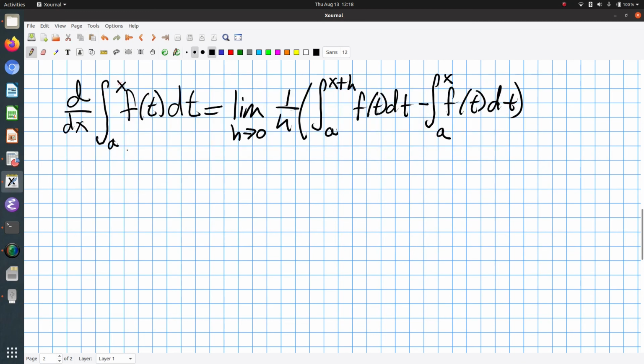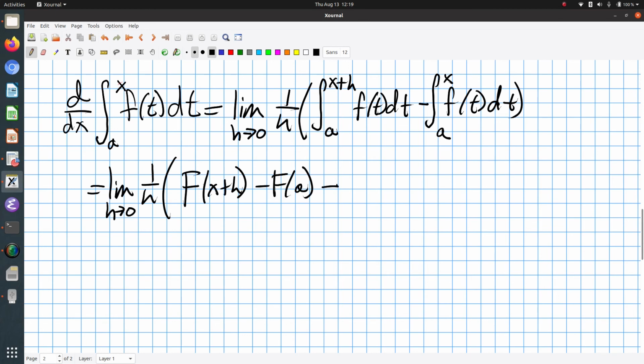So what am I going to do? Well, I'm going to evaluate these two integrals. This one is F of x plus h minus F of a, minus F of x minus F of a.